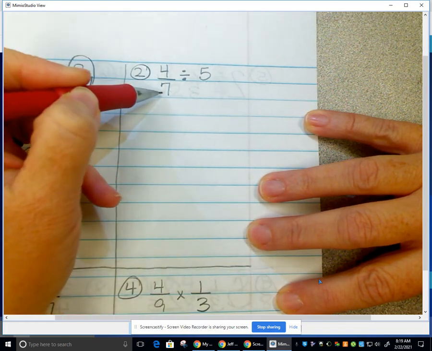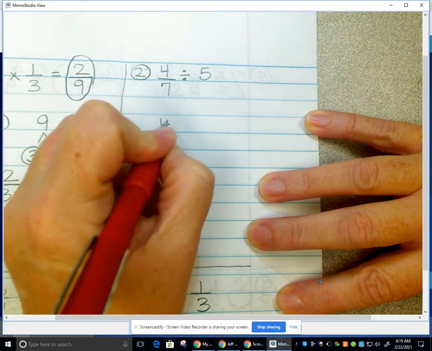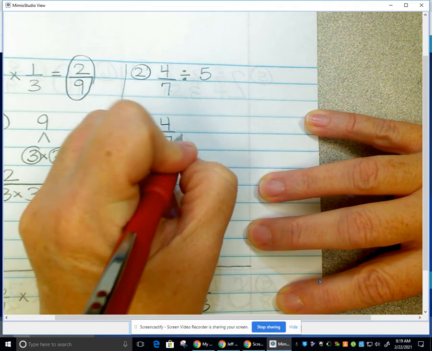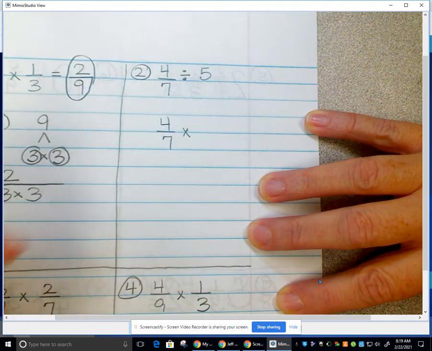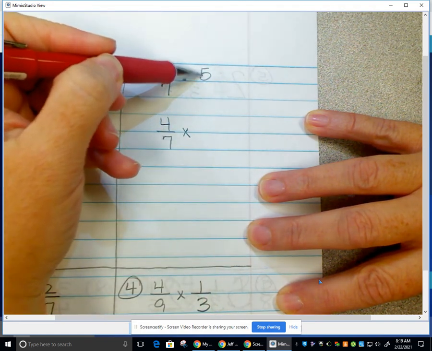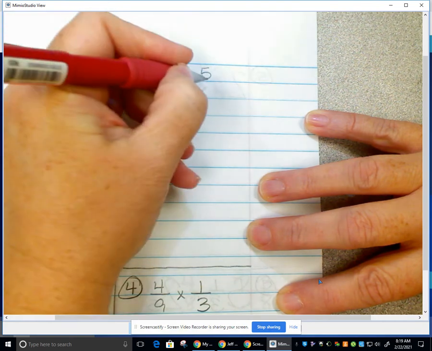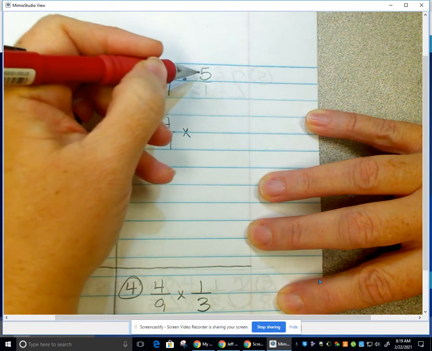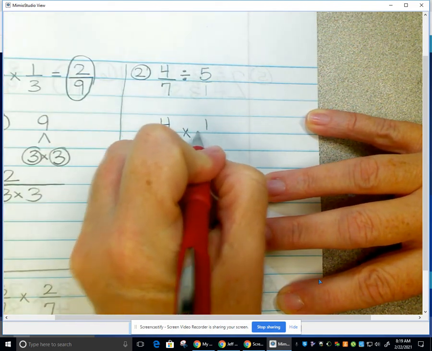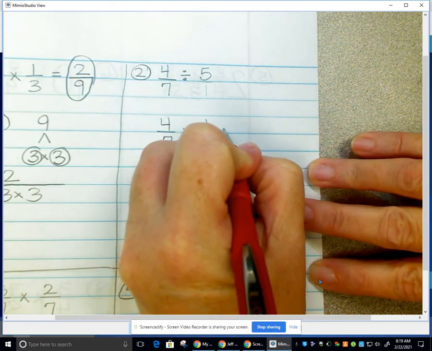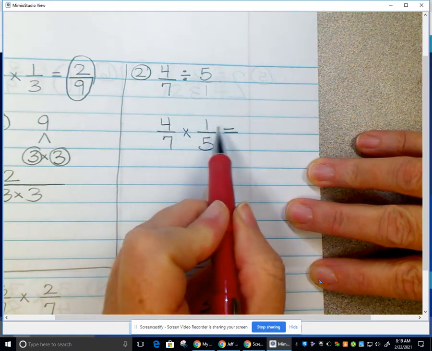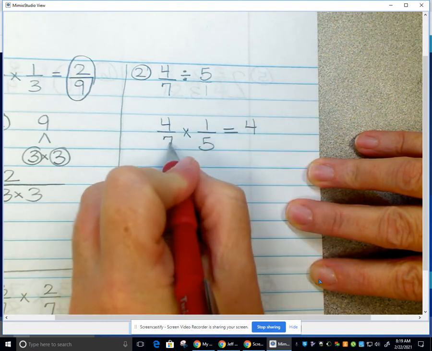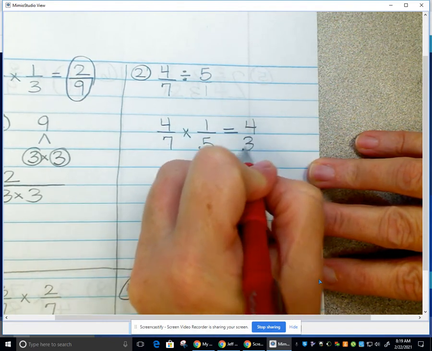So we're going to keep it, switch it from division to multiplication, and then flip it. Right now, this is a 5 with an imaginary 1 under it. So instead of 5 over 1, I'm going to make it 1/5. And then come across and now just multiply across. 4 times 1 is 4. 7 times 5 is 35.